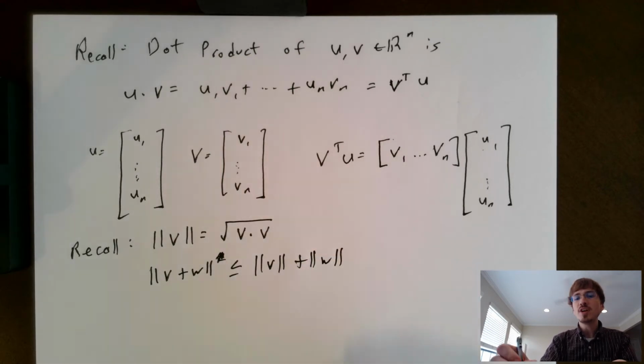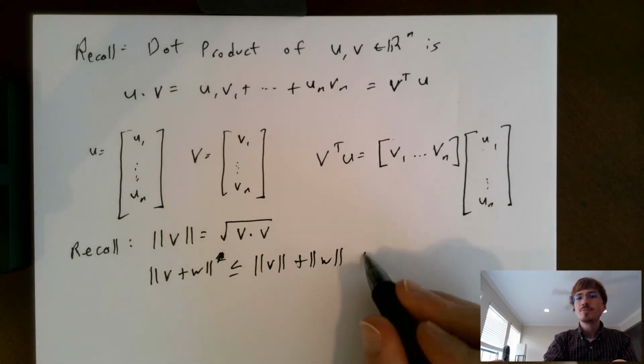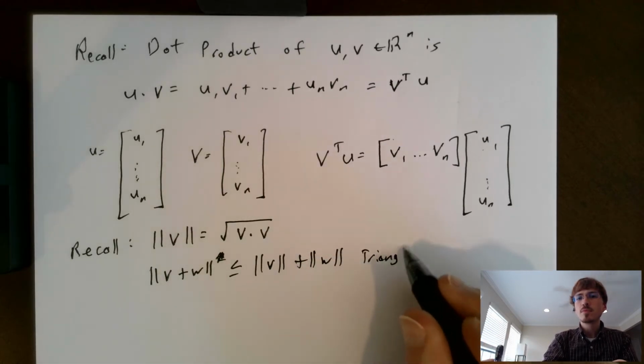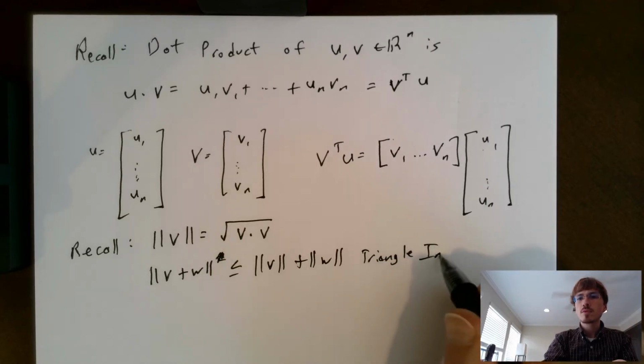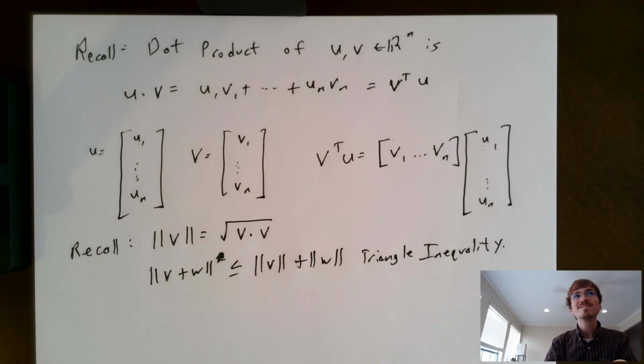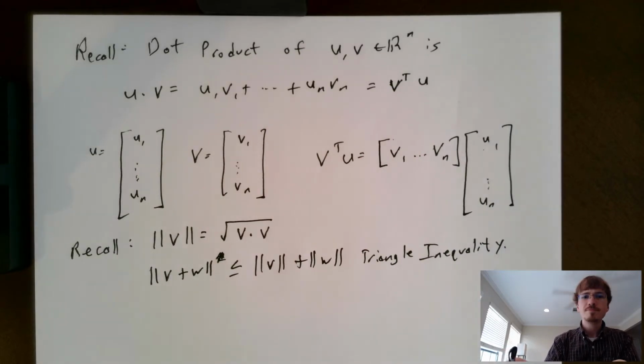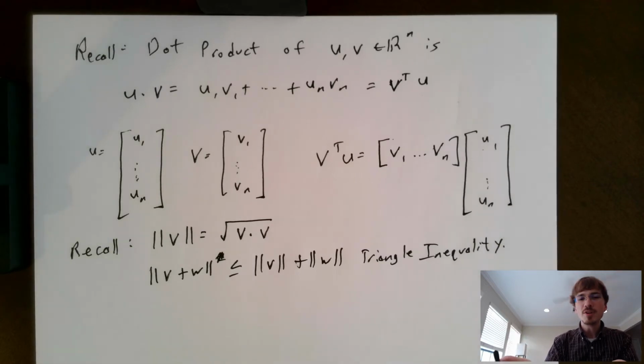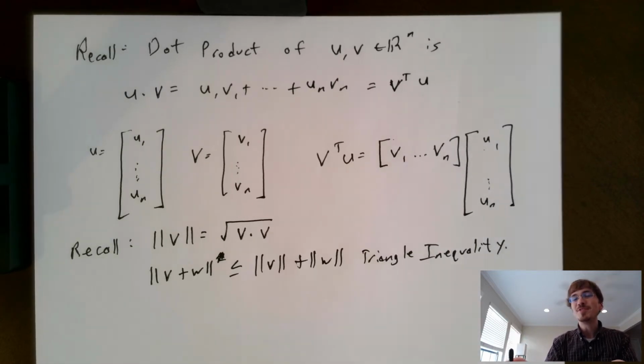This is called the triangle inequality, if you remember. There are lots of other properties. You might want to brush up on your knowledge of the dot product if you've forgotten things.